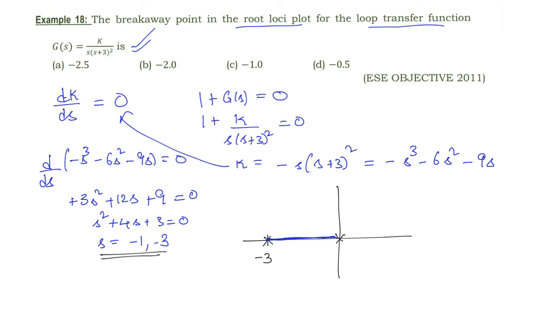Beyond that also it will lie, because to the right you have three poles, two poles at minus 3 and one pole at 0. So the entire real axis will be the root locus. So both minus 1 and minus 3 are valid breakaway points. But here minus 3 is not given, so we will mark option C, which is minus 1.